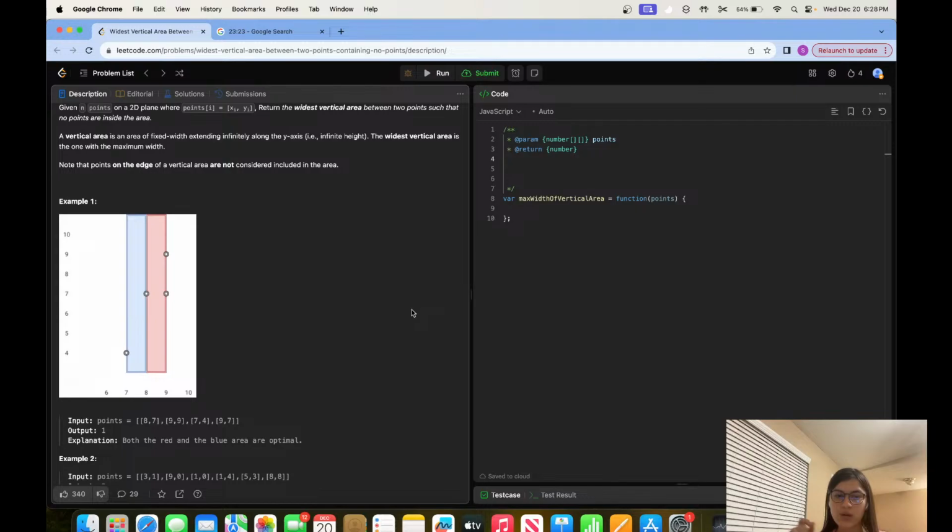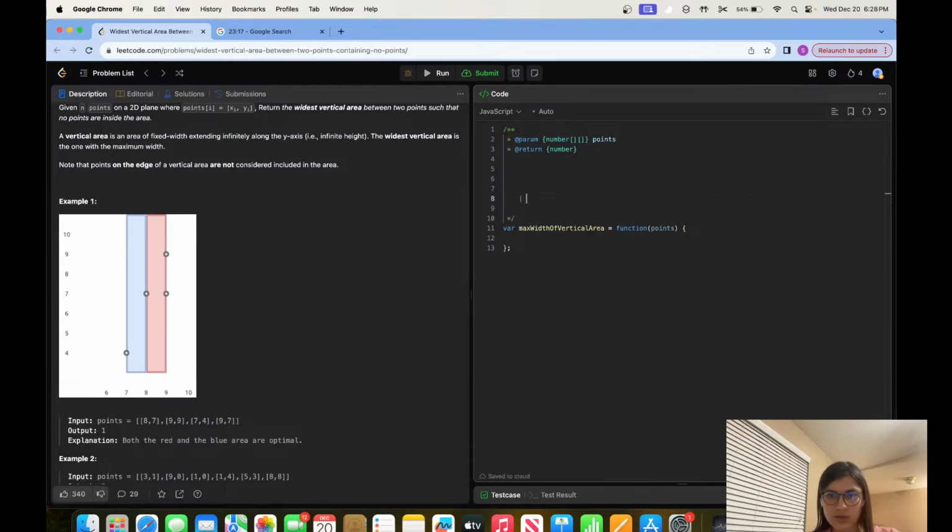Okay, so if there is 3 1 9 0, then it means that 1 point is on 3, right? So if we consider this as the x-axis, 1, 2, 3, 4, 5, 6, 7, 8, 9, then one point is at 3, and another point is at 9.